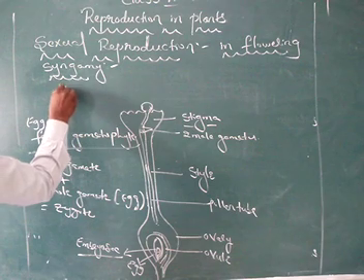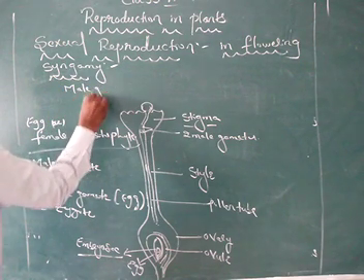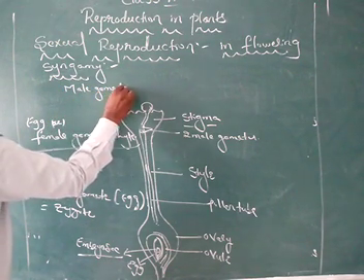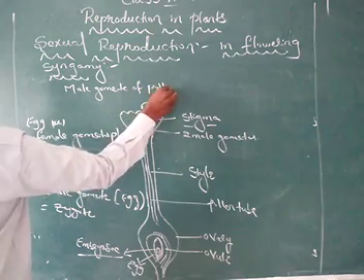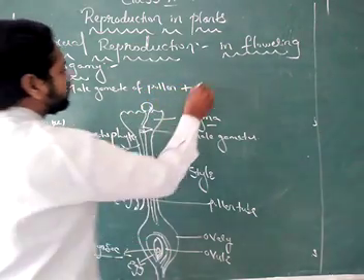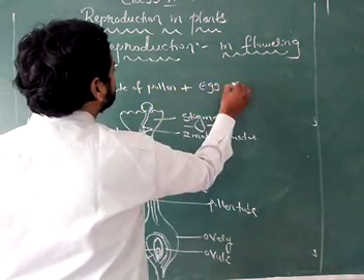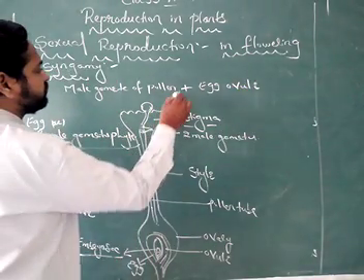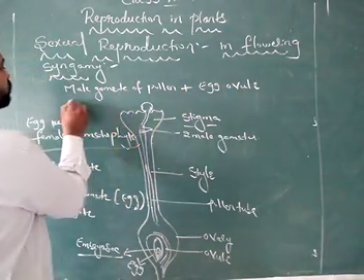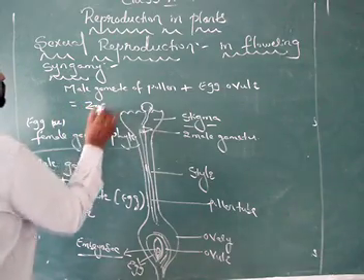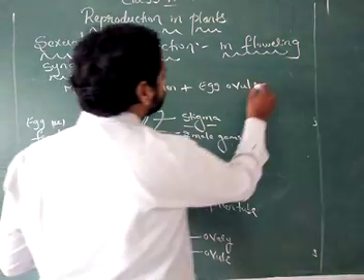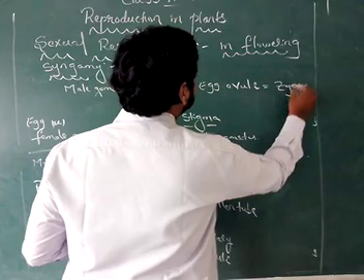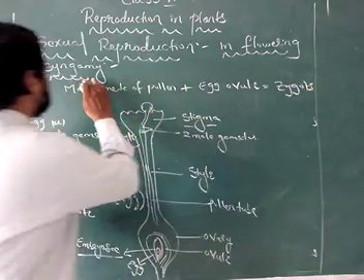Syngamy means the male gamete of pollen plus the egg of the ovule, fusing to form the zygote. That is called syngamy.